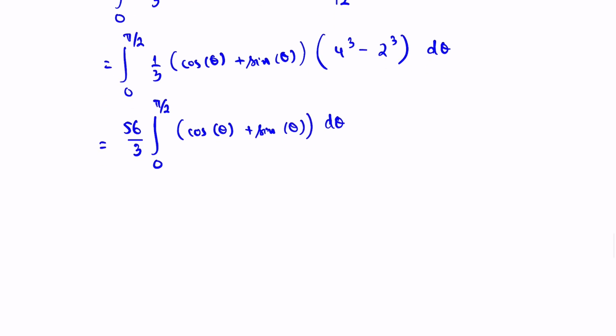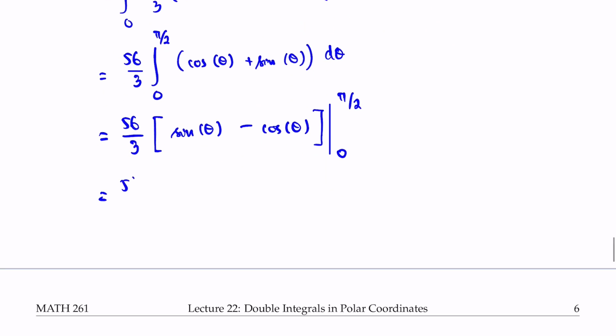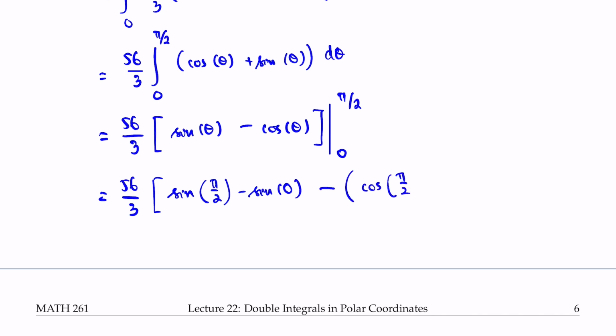You take the antiderivative of cosine of theta and sine of theta with respect to theta, and you get sine of theta minus cosine of theta, evaluated at 0 and pi over 2. So here is the evaluation: sine of pi over 2 minus sine of 0, minus cosine of pi over 2 minus cosine of 0.